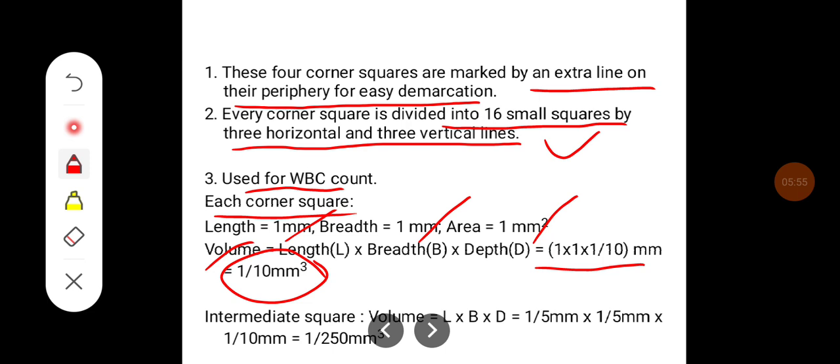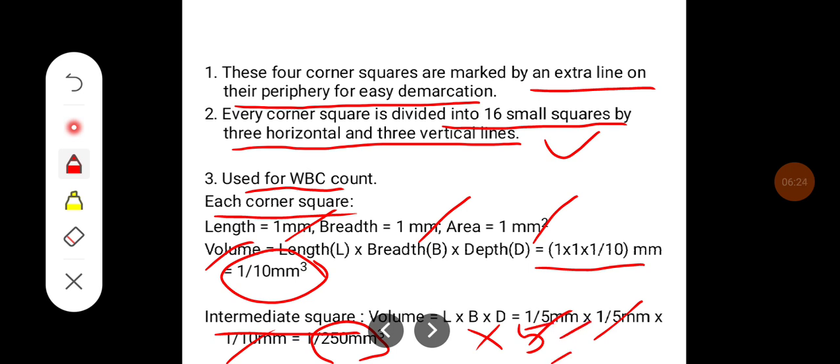And the area in which we count the RBCs is called the intermediate square. The volume of each intermediate square is 1 by 5 into 1 by 5 into depth 1 by 10, which is equal to 1 by 250 cubic millimeter. In such 5 squares we are going to count RBCs.